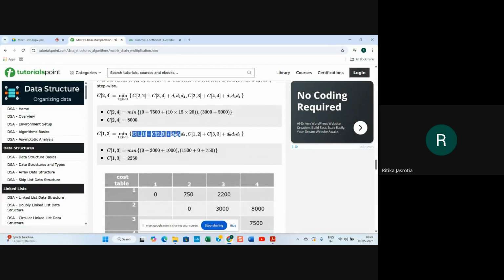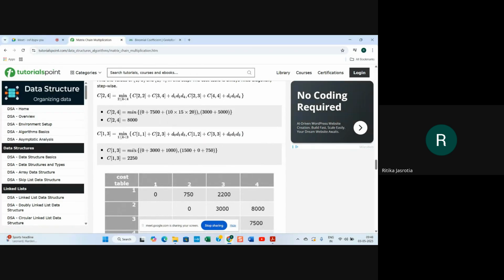These are the combination if we keep k equal to 1. If we keep k equal to 2, it is C12 plus C33, because k plus 1 will be 3 and j is 3 here. And these are the values if you keep k as 2.